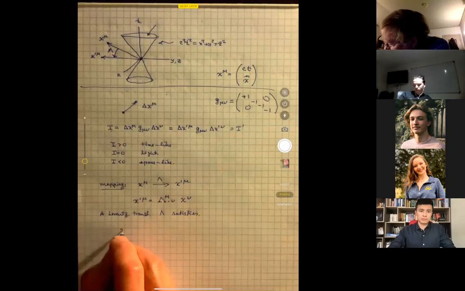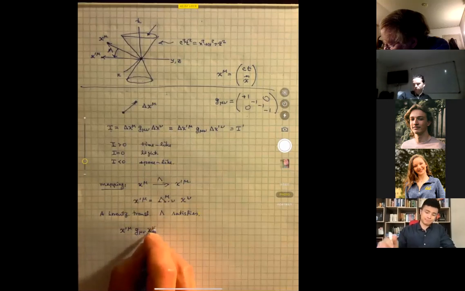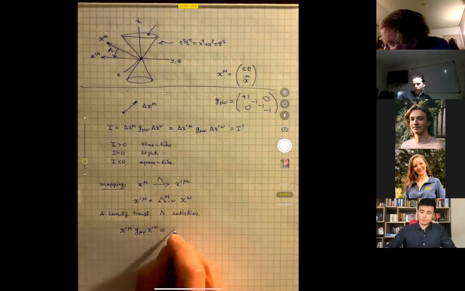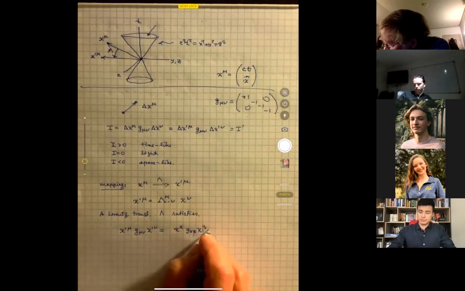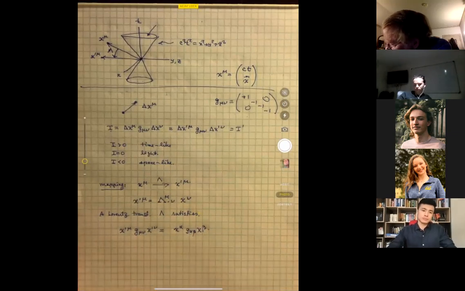In other words, let me write it this way: x'^μ g_μν x'^ν is equal to x^α g_αβ x^β. So this is a definition of a Lorentz transformation for the purposes of this course.